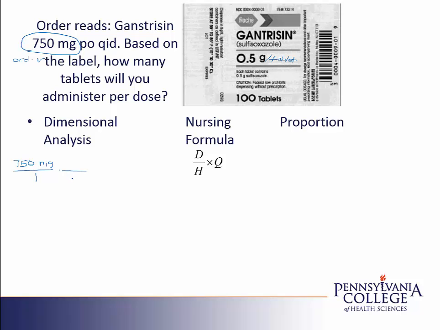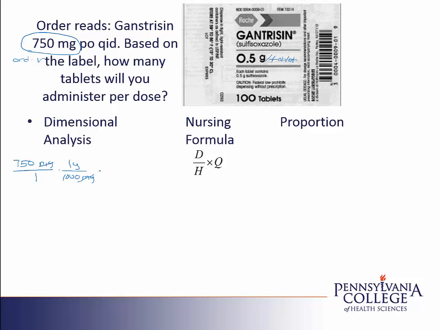Normally, I'd put that on the bottom, but I see that that will not cancel with the milligrams. So I'm going to need to convert the milligrams into grams in order to use the strength of the med. From my memorized conversions, I know that there are 1,000 milligrams to 1 gram. This allows me to cancel the label of milligrams.